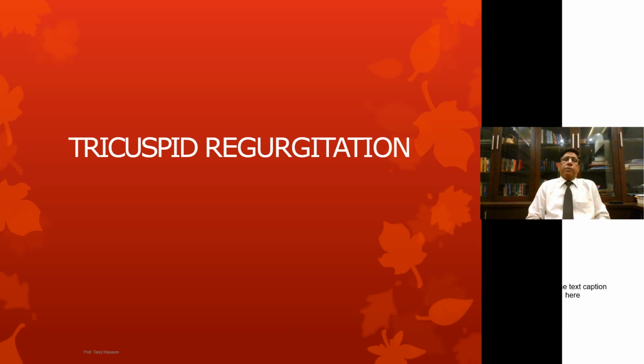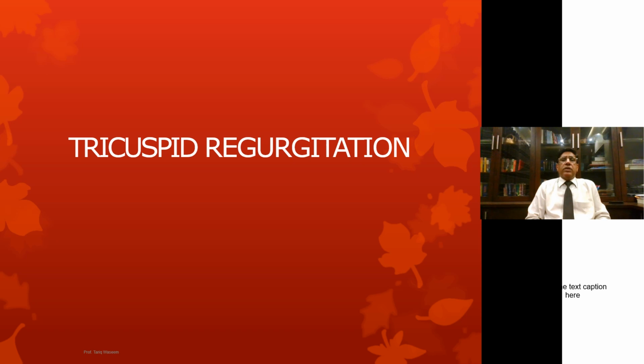The cusps are pulled apart, and the tricuspid valve becomes secondarily regurgitant. So tricuspid regurgitation can be seen in patients with mitral stenosis, who as a part of the course of their disease develop pulmonary hypertension, and this pulmonary hypertension when transmitted would lead on to secondary tricuspid regurgitation.